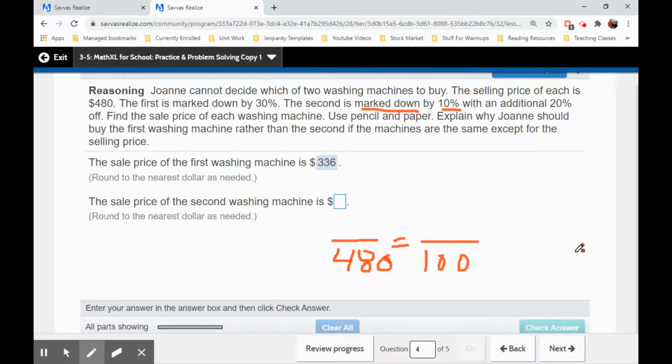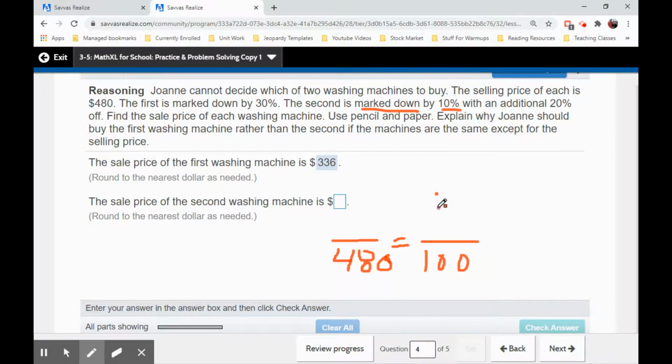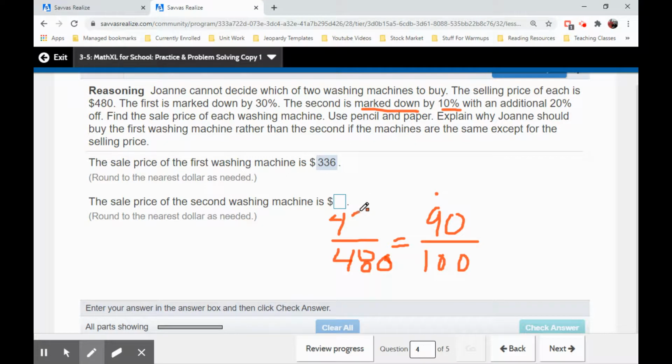Just like we did with the 100, we need to figure out what's 10% below 100. So we take 100 and subtract 10 and we see 90%. We come back here and find 90% of 480. 480 times 90 divided by 100 gives us $432.